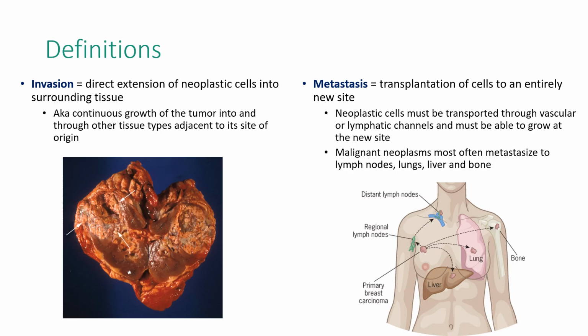Histologically, invasion often shows irregular tumor nests or cords infiltrating stroma, disruption of normal architecture, desmoplasia, which is just a fibrostromal response in many carcinomas. And sometimes tumor cells crossing what should have been a stop sign, like a basement membrane.